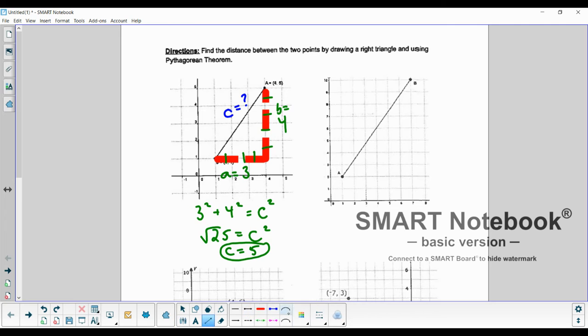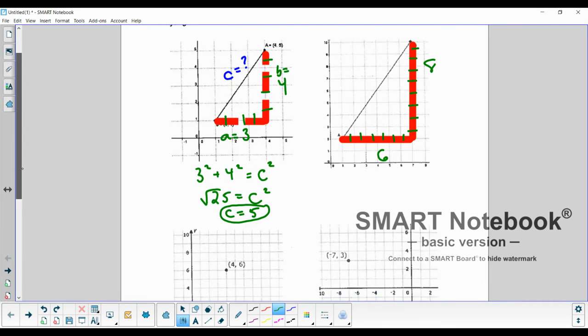So let's do the same thing over here. So we'll draw a right triangle connecting the 2 points that we're finding the distance between. And we'll count 1, 2, 3, 4, 5, 6. 1, 2, 3, 4, 5, 6, 7, 8.